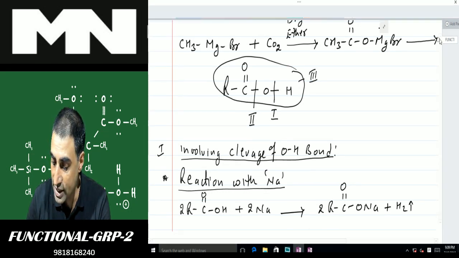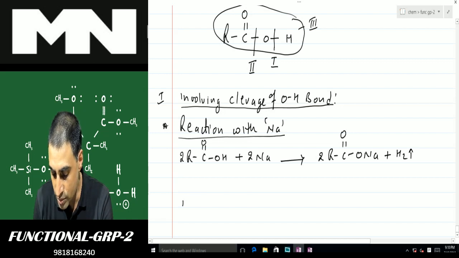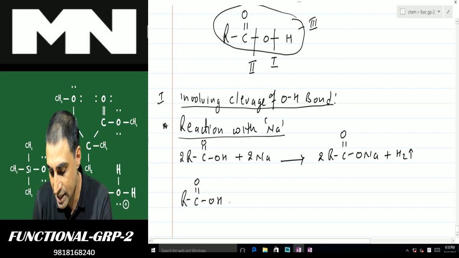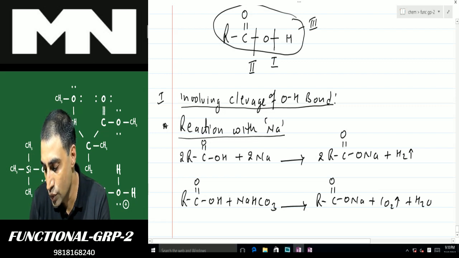A similar type of reaction we can also carry out with sodium bicarbonate. Suppose I have a compound like this, RCOOH, and I am reacting it with NaHCO3. On reaction with NaHCO3, I will get the compound RCOONa plus CO2 plus H2O.